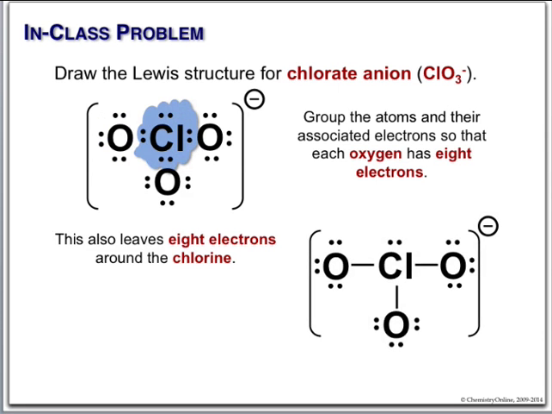And this is how we would draw it as a line bond structure. This is how we put together and make polyatomic ions. Put them together, add electrons, always on the central atom, and then make your bonds. Any questions?